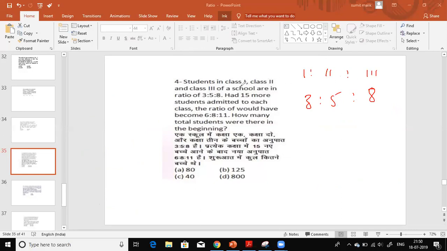In class first, second, and third, the students were in the ratio 3:5:8. Now what is the final ratio? 6:8:11. How did this ratio come? When I am adding 15 students in each class. But before adding, you have to check one thing.